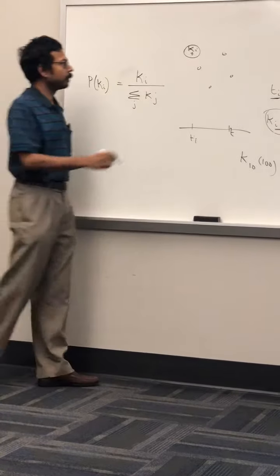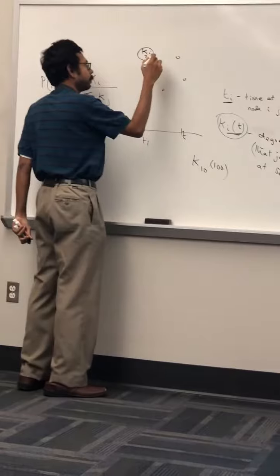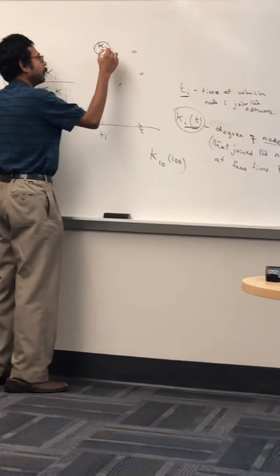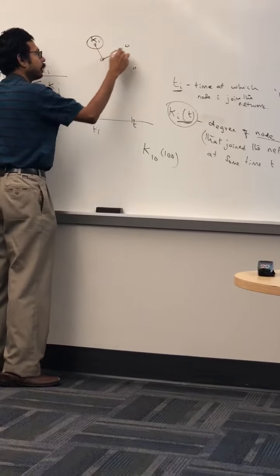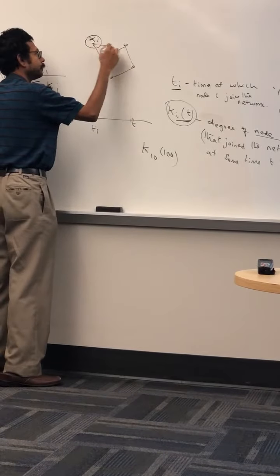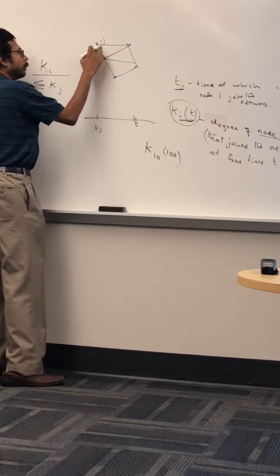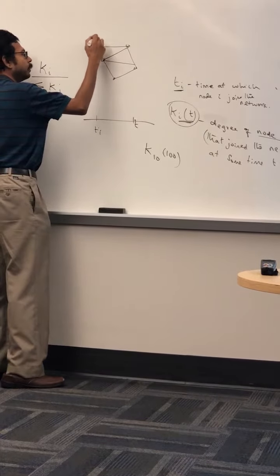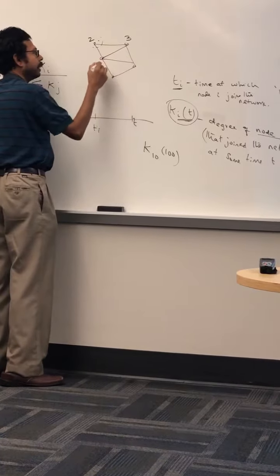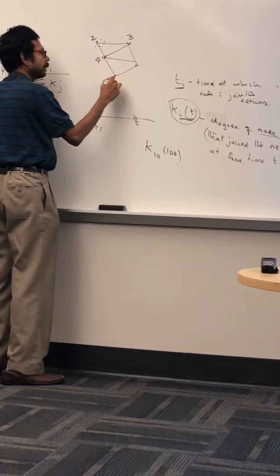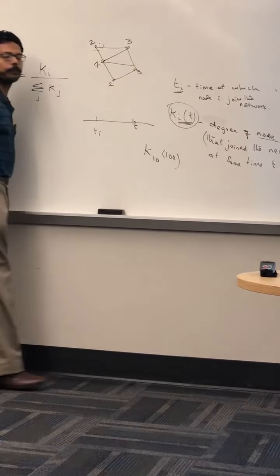You could think about it like this, and we'll see some math problems in detail later. Say the network was something like this. This node has degree 2, this node has degree 3, this node has degree 4, this has degree 2, this has degree 3.